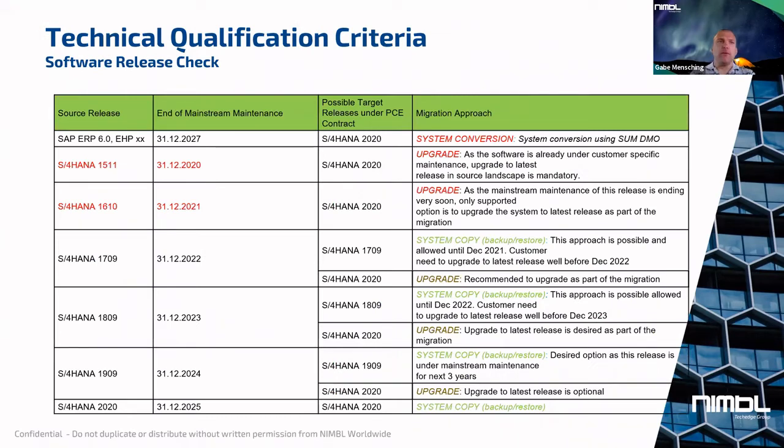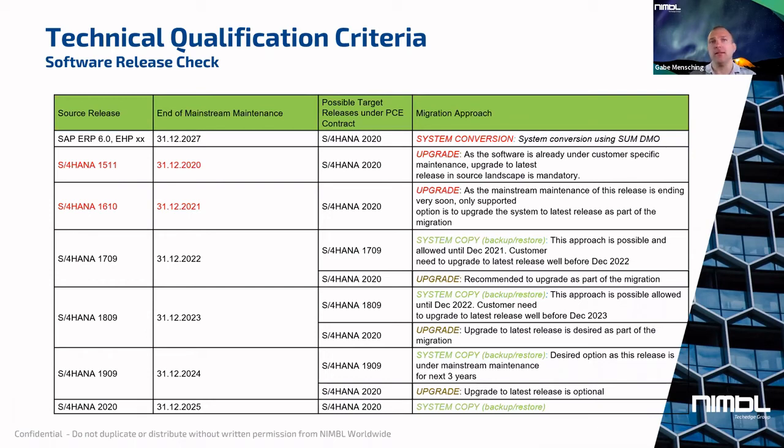Next slide, please. So some of the technical qualifications that are going to come into play, as we said, from an S4HANA perspective, as long as you're on 1709 or higher, you can system copy directly over. When we look at 1511, which mainstream maintenance ended at the end of 2020, those systems, SAP requires you to upgrade to the latest release in the source landscape before migrating over to PCE.